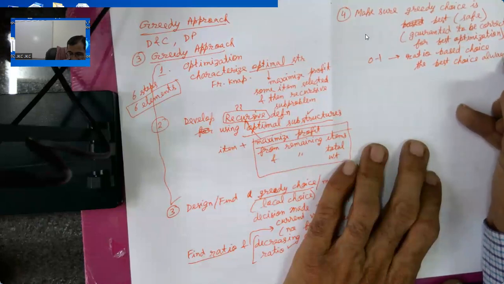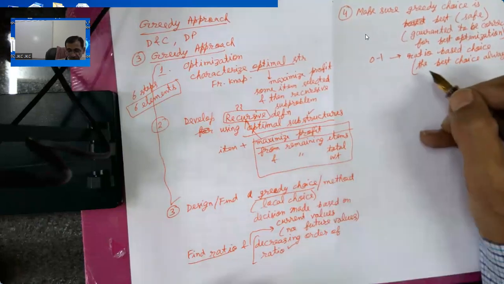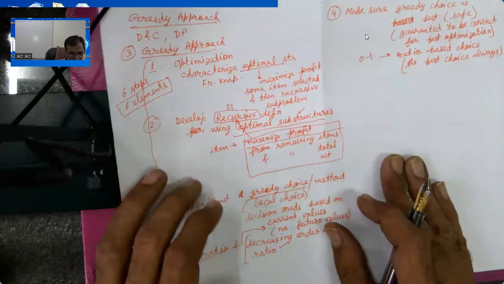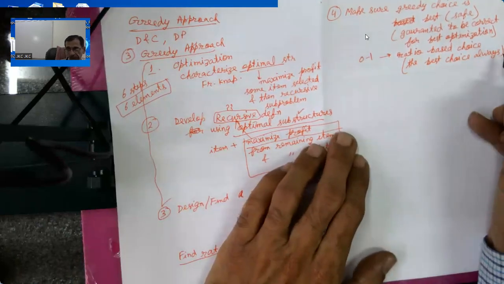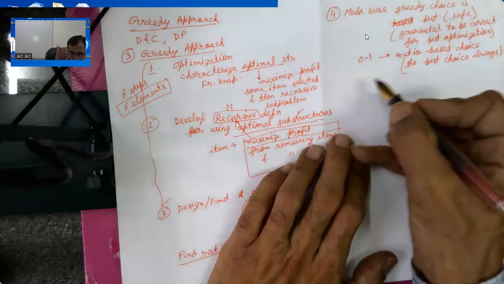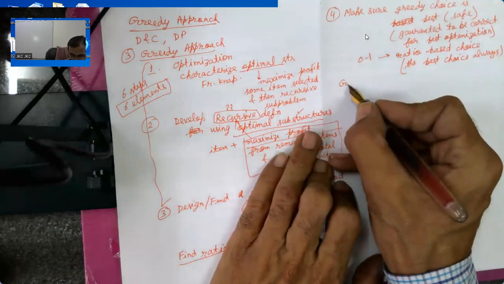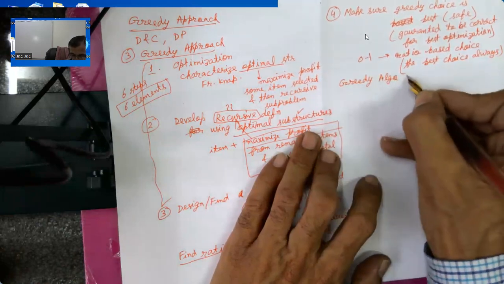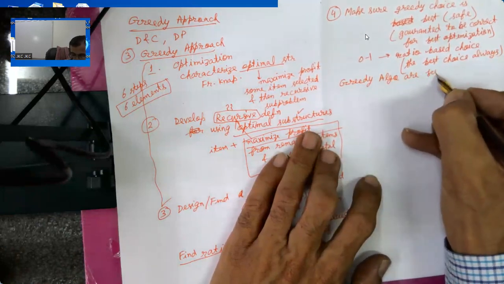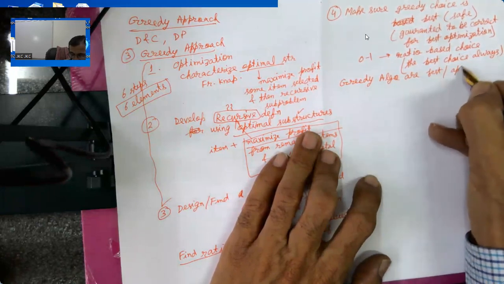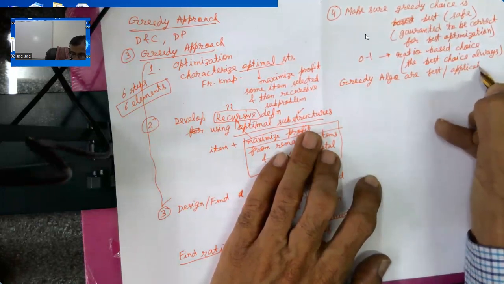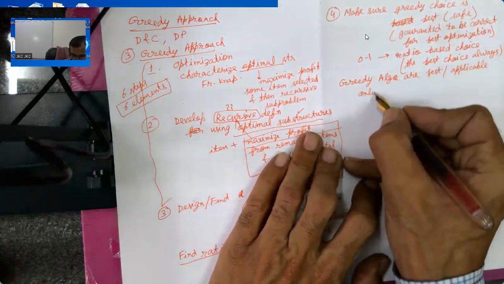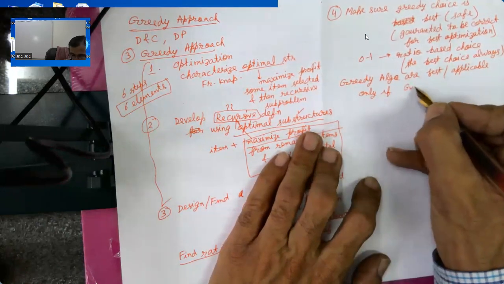Of course, it can be near best. So when we choose something which is not exactly what we needed, then greedy might not give the best result. But greedy algos are the most useful or applicable for finding the best solution only if the greedy choice is safe.